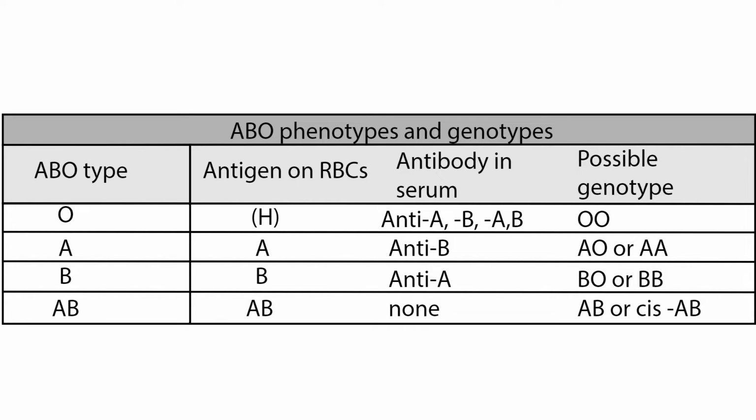A person with A blood type will naturally produce anti-B. A person with B blood type will naturally produce anti-A. A person with AB blood type does not have anti-A, anti-B, and anti-A,B because the individual has all the antigens expressed on the red blood cell surface.